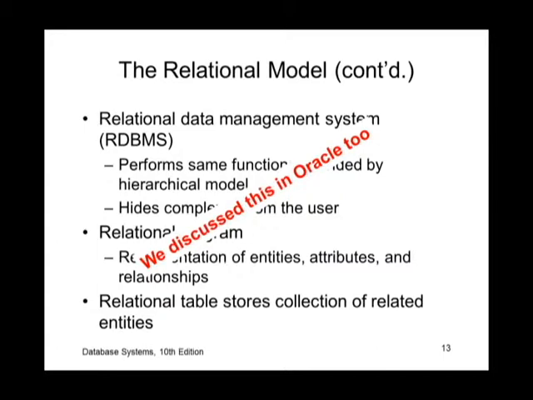That's up to the database engine. As long as it can deliver us accurate information so we can make accurate and effective business decisions, that's all we're concerned with. Again, the relational model goes back to what we discussed in Oracle, and this should just be a quick review for you in Chapter 2 of our textbook.